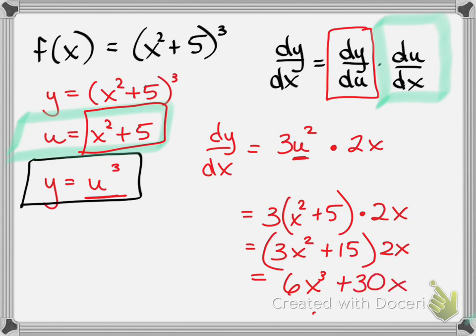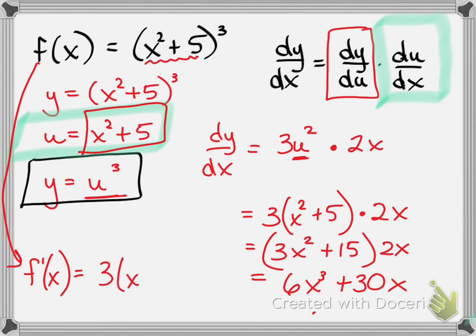If you like that, I can work that way a lot during class. What I was doing with you all was I was saying, notice it's an inside part with an outside part, and kind of treat it as a u. So it was 3 times that u to the 1 less, and then we would do times u prime.